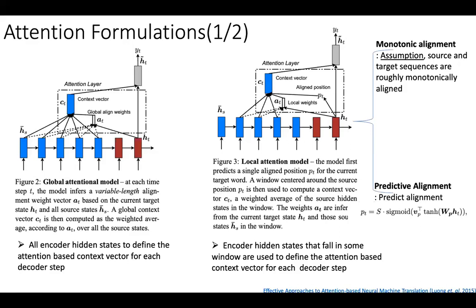S is the length of the sentence. Sigmoid will give us some value between 0 and 1. So if it is 0, then the context length will be 0. If it is 1, then the context length will be the whole sentence.